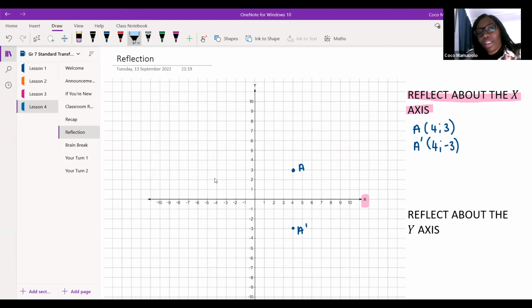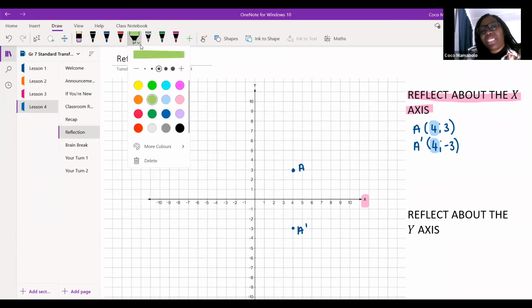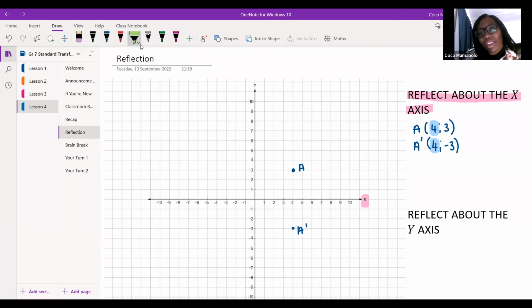Good. So my 4 and my 4 are the same, right? But what is the same but different about my Y values? The first one is +3 and the second one is -3. Excellent. I'm so glad you picked that up. Well done, Sana.